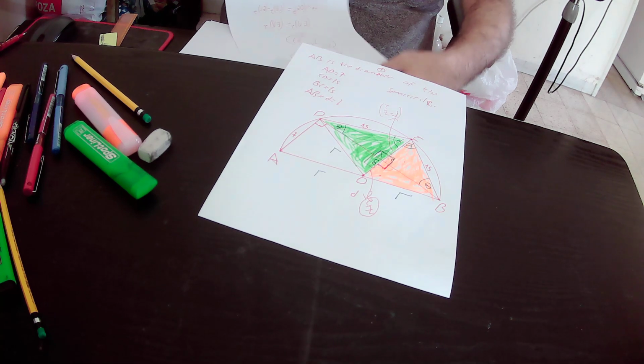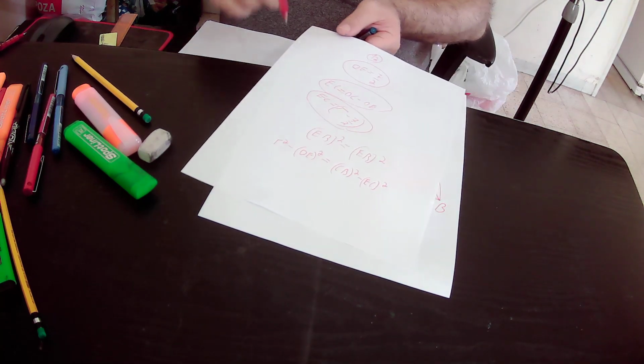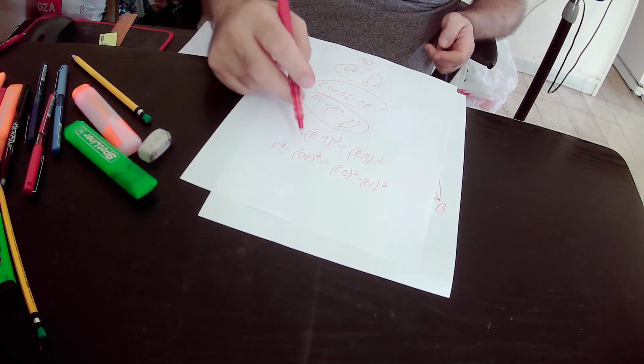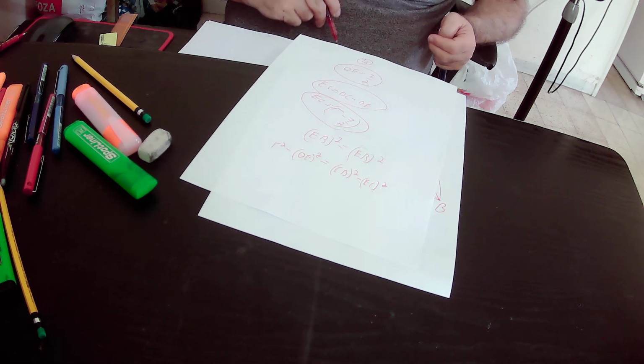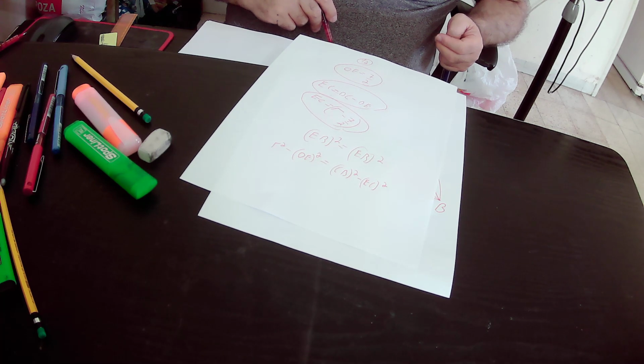So, in total, we got this equality that states that R square minus OE square equals CB square minus EC square.